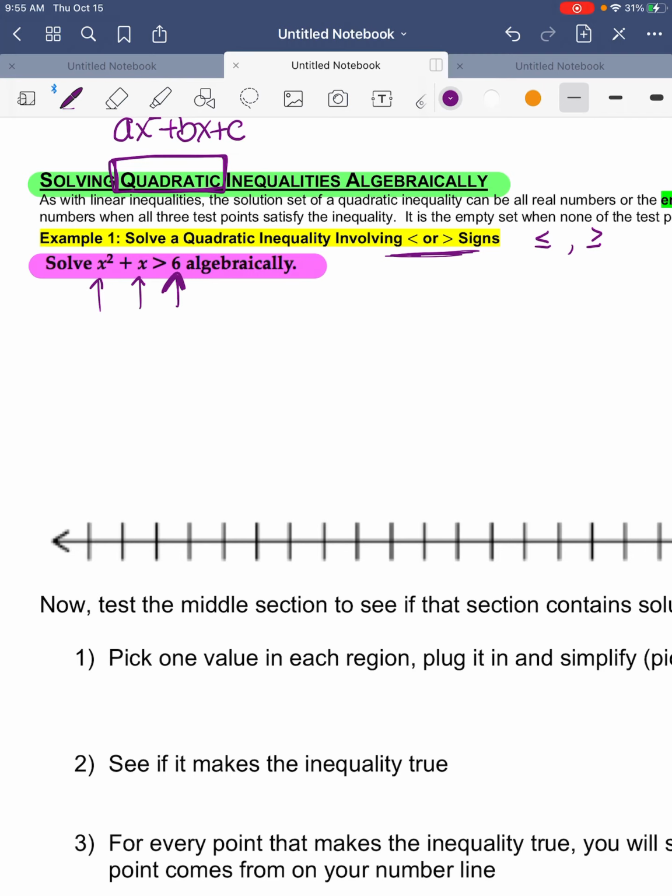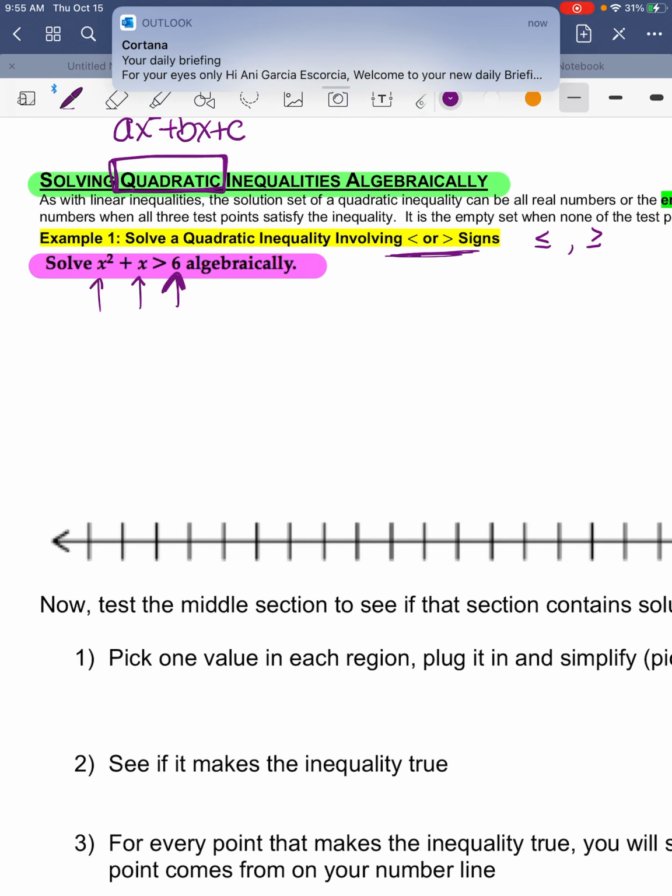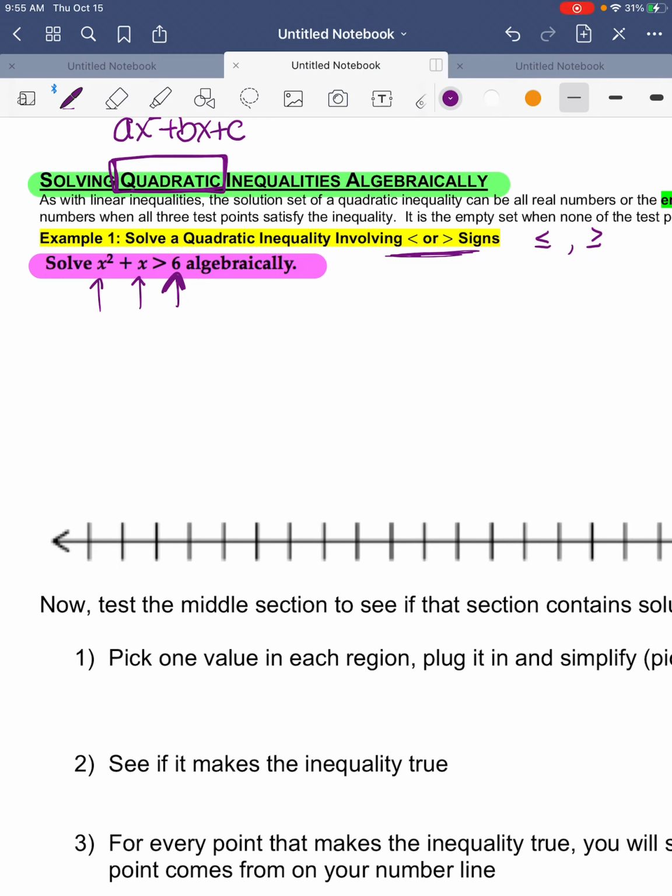There are going to be a lot of those values. It's not only 2 or 3 values. So that is the goal for today, to find all the values that satisfy the inequality.